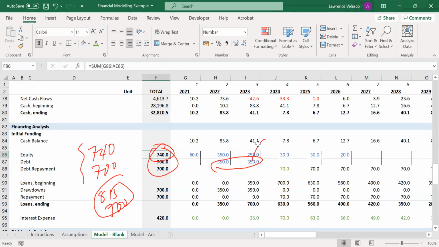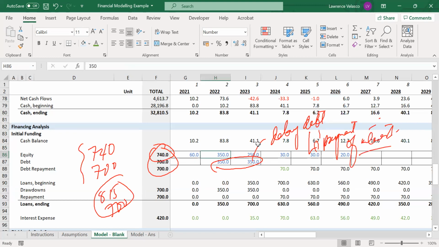When you delay debt, you also delay the payment of interest. Right? Noong 700 siyang bulto sa umpisa, kumikita na ng interest ang bangko sa year 2 and 3. I'm paying heavy interests already. But if I back-end debt, okay, then nakakatipid ako ng konting interest. Right? And it may require less equity from my end.